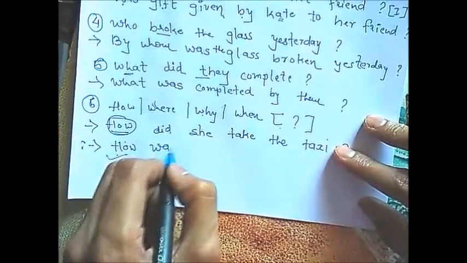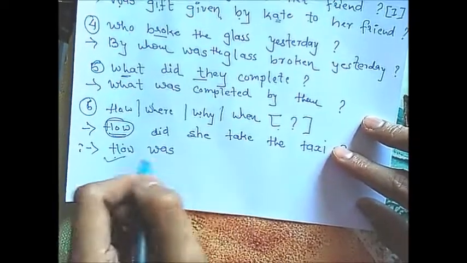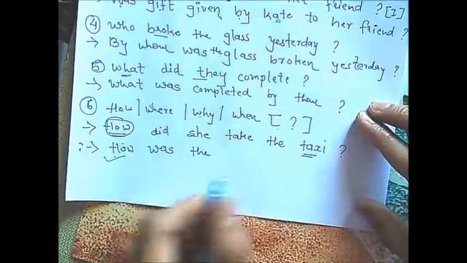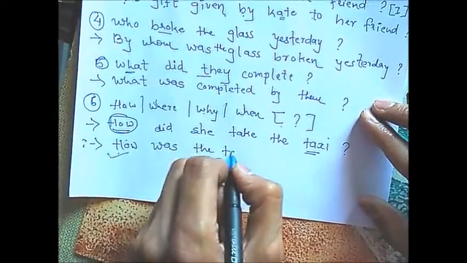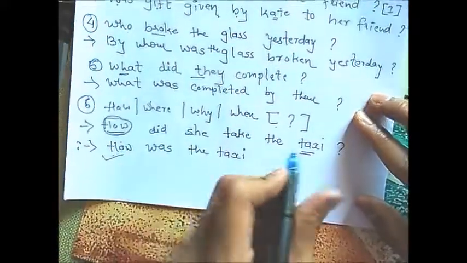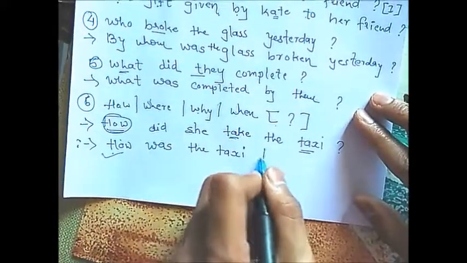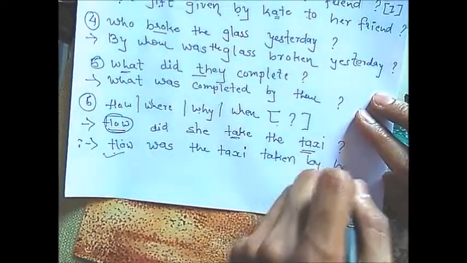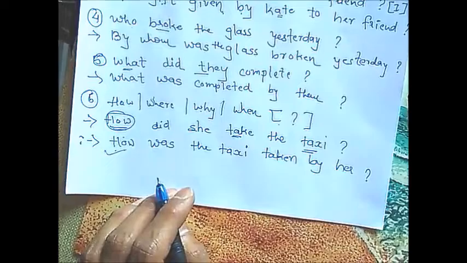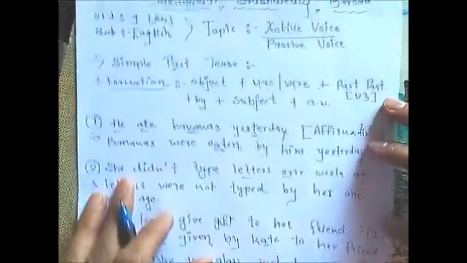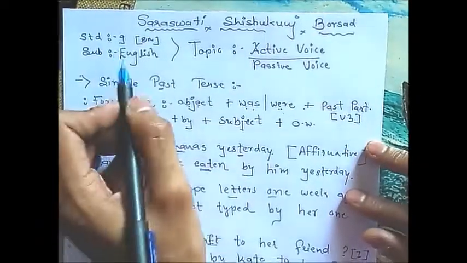Then after was or were according to the object, how was the taxi, then the past participle, taken by the subject, her. How was the taxi taken by her? So this is how you can make passive voice for simple past tense.